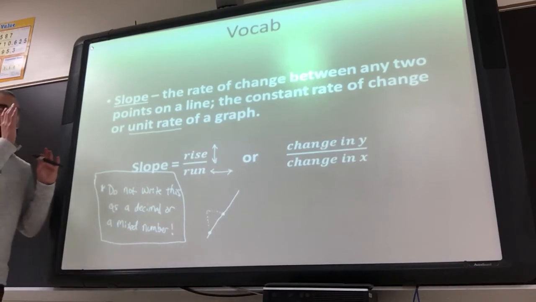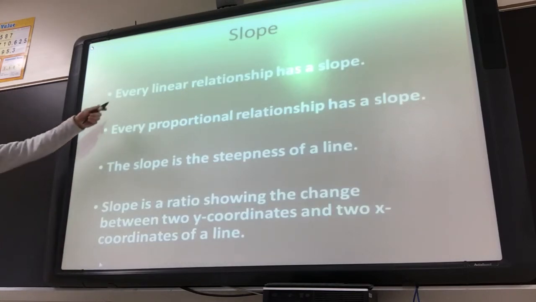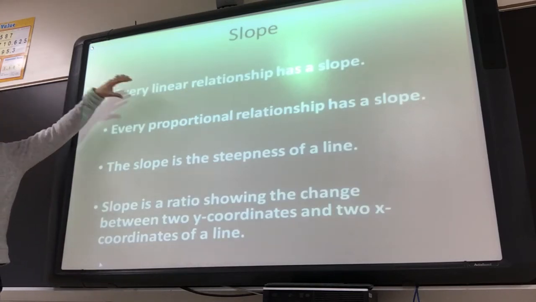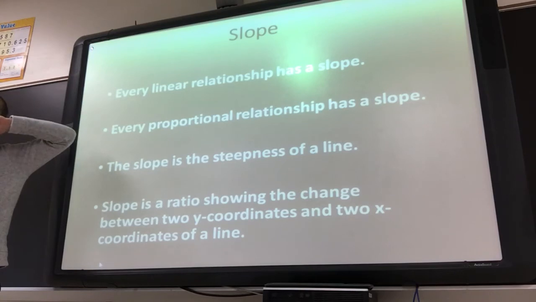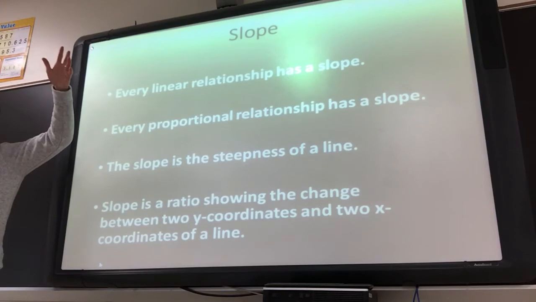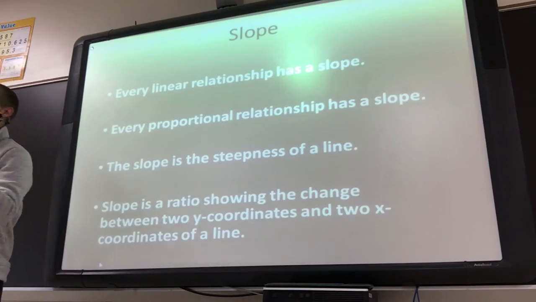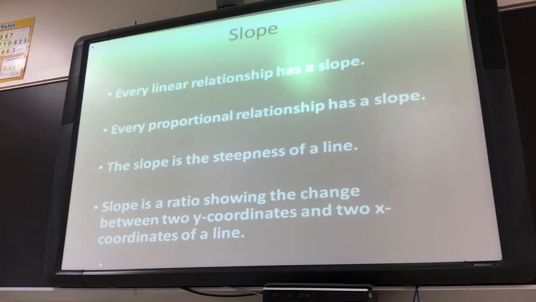So thinking about proportional relationships and dealing with slope. Every linear relationship, linear means what does it make? A straight line. So every relationship that makes a straight line has a slope, which means every proportional relationship has a slope. And remember, we said slope is really the unit rate. The slope is the steepness of the line.